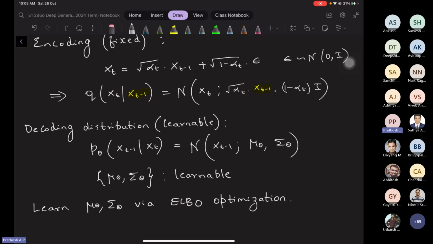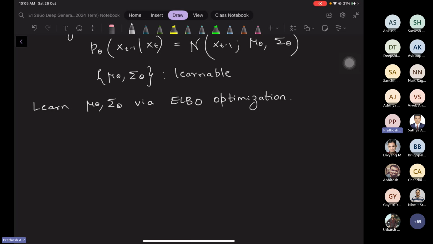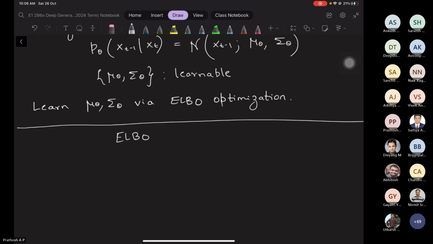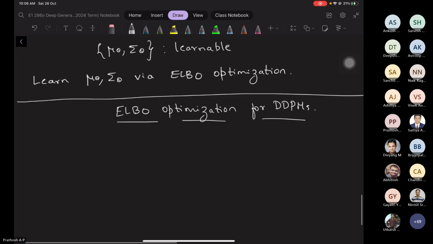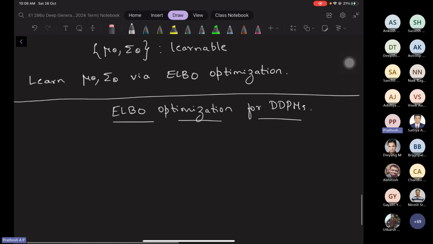Let us start. ELBO optimization for DDPM. You should recall what our ELBO was.